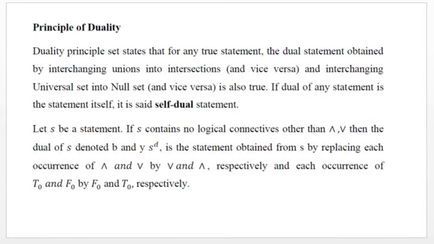Similarly in logic, if we consider the statement S contains no logical connectives other than and, or, then the dual of S, denoted by SD, is the statement obtained from S by replacing each occurrence of and, or by or, and respectively, and each occurrence of T0 and F0 by F0 and T0 respectively.